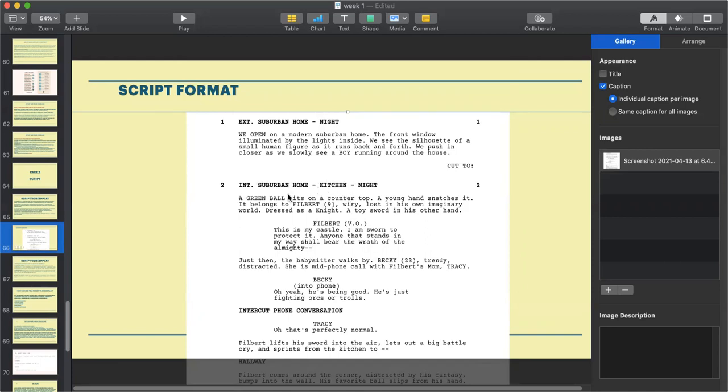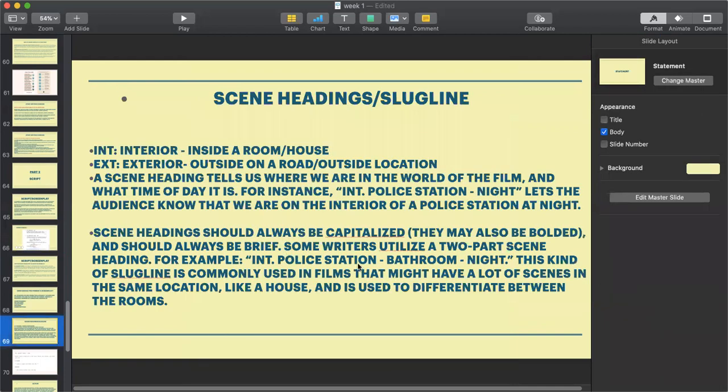So you can mention suburban home, kitchen. So particularly the shot will be in a kitchen setting, right? If it's a bedroom shot, particularly if you mention bedroom, again the people will work to make a set design of a bedroom, right? So it has to be very clear.